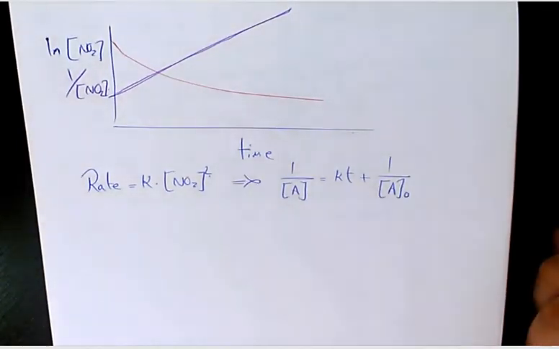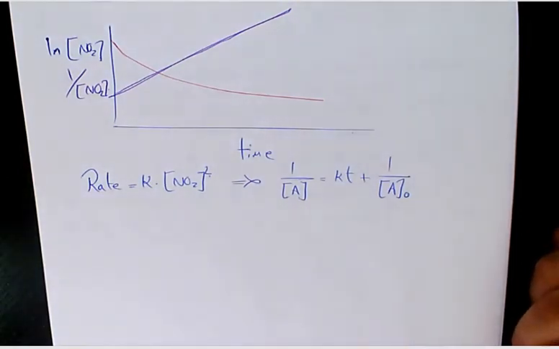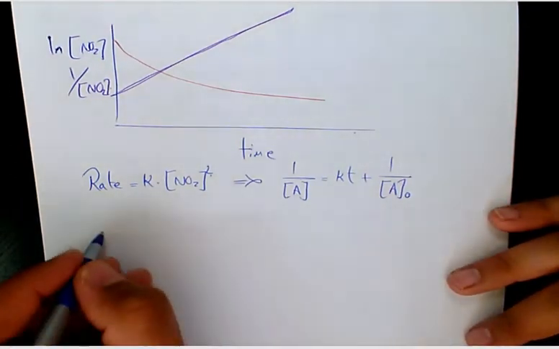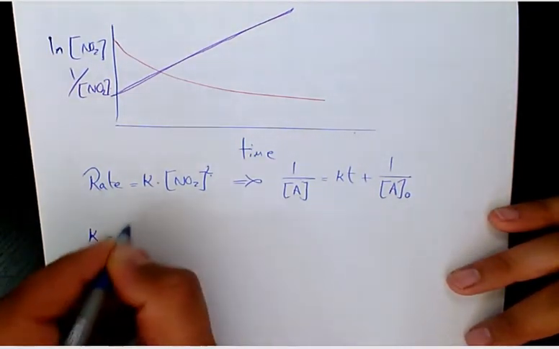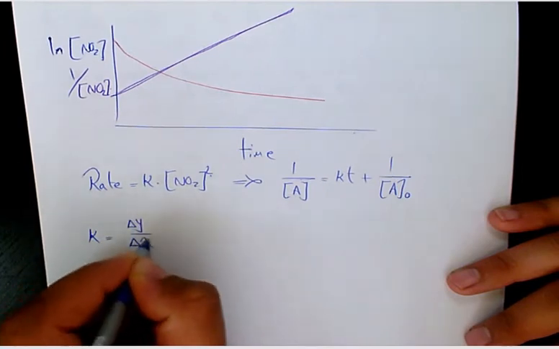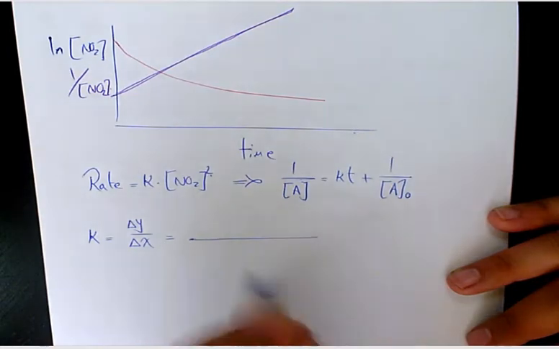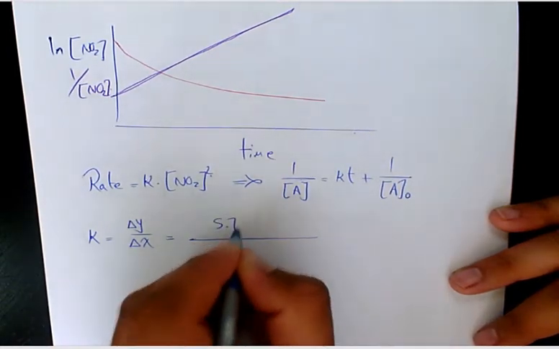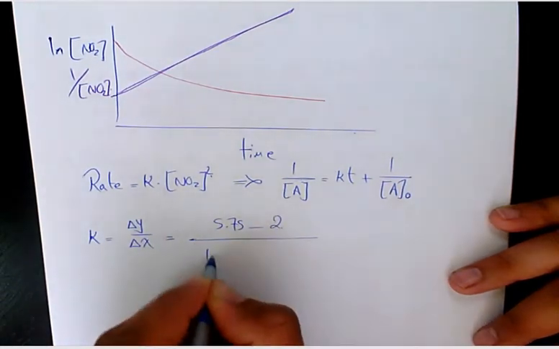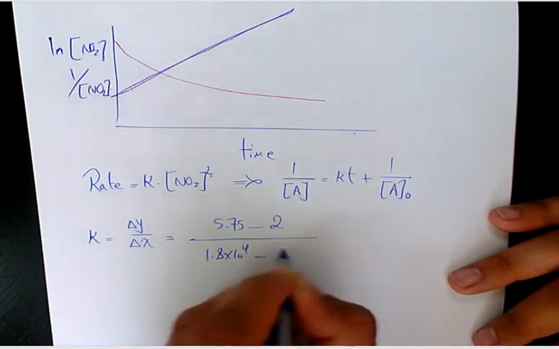So, what else does it ask us to find? We need to find out the rate constant. So the rate constant K is going to be rise over run. That's going to be 5.75 minus 2 over 1.8 times 10 to the power of 4 minus 0.